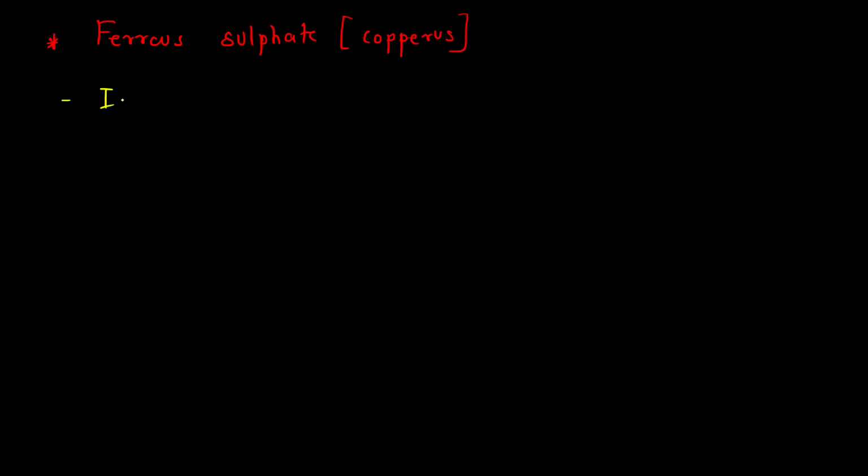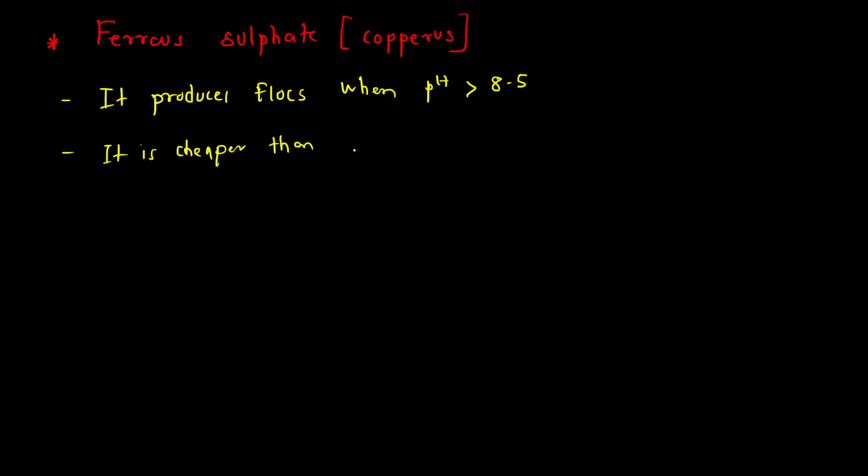It produces flocs when pH is greater than 8.5. It is cheaper than alum.